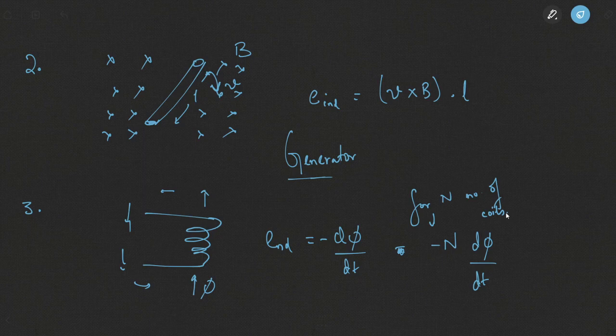So there is a coil through which flux is changing with respect to time. If a changing flux is moving through a coil, EMF will be induced in that coil. Fine. If this flux were not changing, if it were constant, the EMF induced would be 0. So this forms the principle of operation of a transformer.